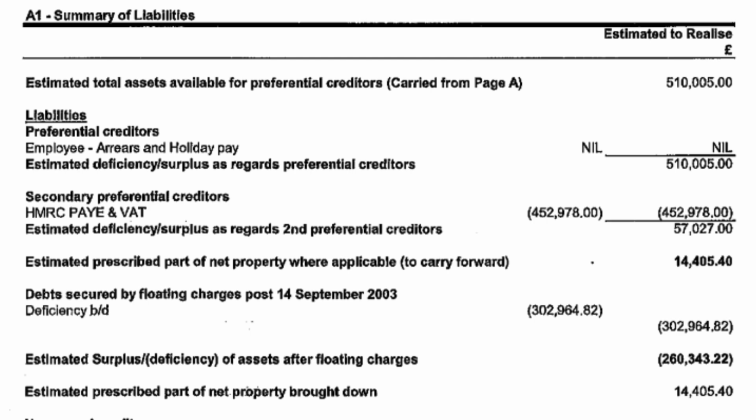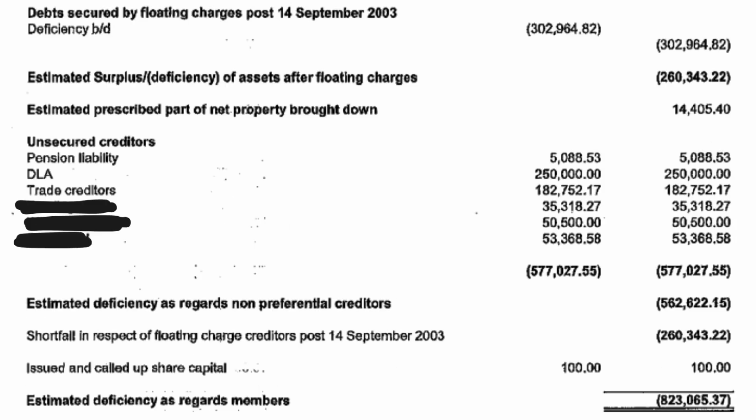And so here we've got this prescribed part figure that's been calculated, and we've got this deficiency brought down to the floating charge creditor. 14,000 is brought back in to be made available for those unsecured creditors, and they consist of pension liability, directors' loan accounts. So again, directors are owed quite a large sum here, possibly even propping the company up again.